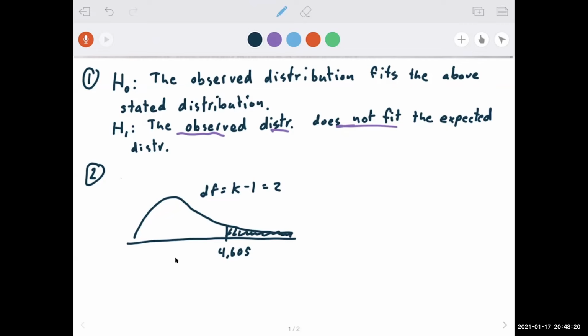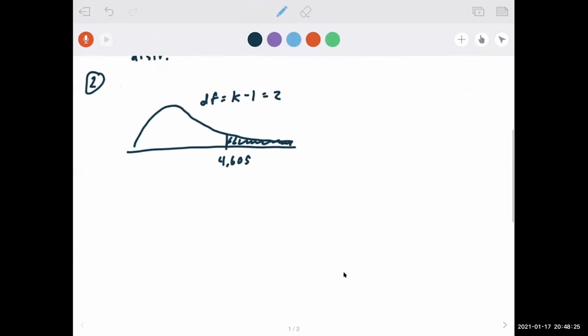All right. Now, step 3 is we're going to compute the test value. So I'll just remind us how we do that computation. The chi-squared is going to be the sum of all of the observed frequencies minus the expected frequencies squared divided by the expected frequency, the expected value.